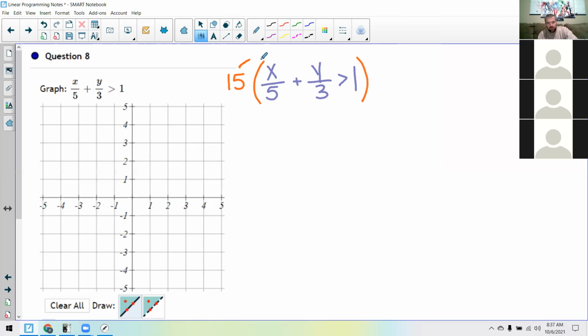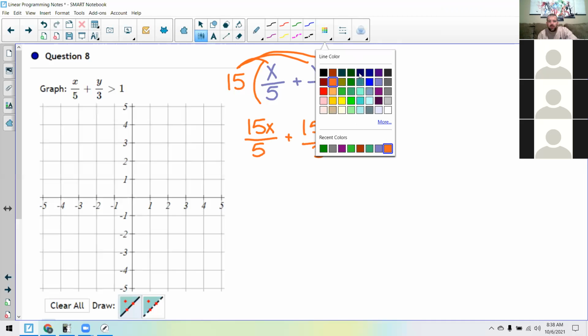I'm going to distribute the 15 to each term. So I get 15x over 5 plus 15y over 3 is greater than 15. Don't forget to multiply that by 15 as well.